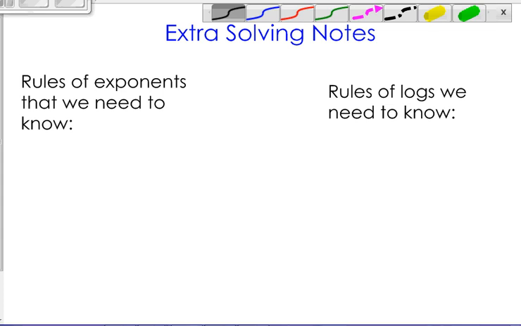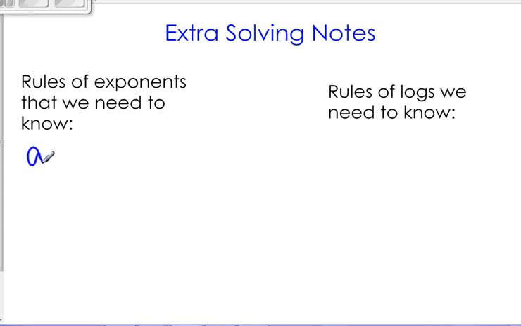So one rule of exponents is going to be when we are multiplying exponents. If we were to have the same base of a, and they both had exponents, we add together the exponents.